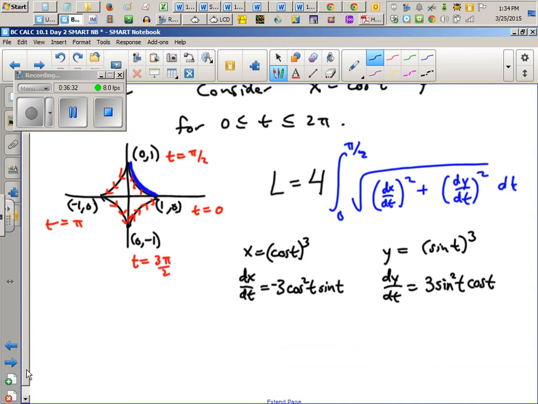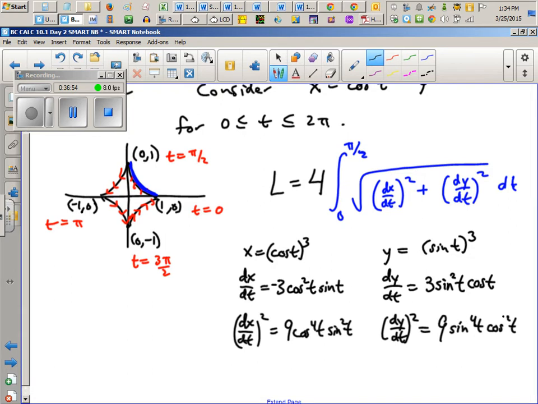What's dx/dt squared? 9 cosine to the 4th t sine squared t. Goodness, this is awful. Don't worry, it all cleans up in the end. dy/dt squared is 9 sine to the 4th t cosine squared t. Okay, it's time to put these into our integral.